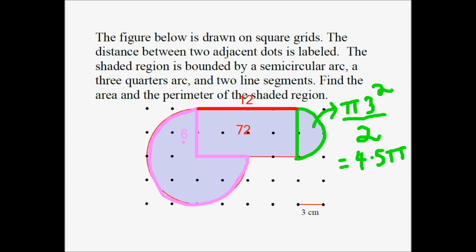But I only want 3/4 of the circle, so I'm going to do 3/4 of pi r squared. R happens to be 6, so I'm going to write 6 squared.